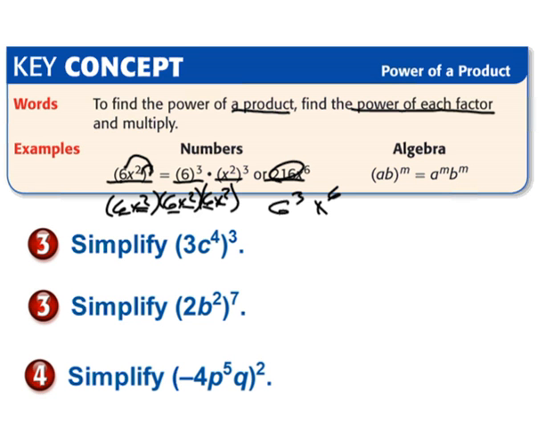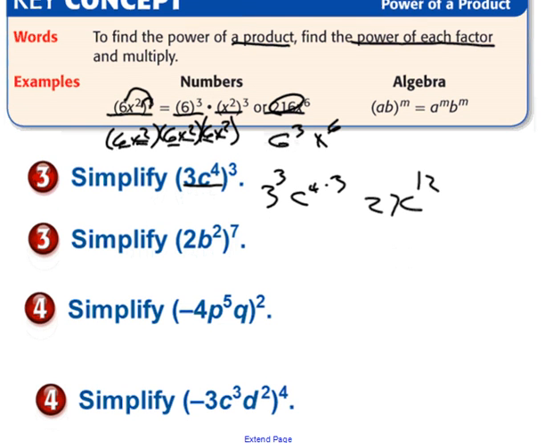All right, let's look at this here. I'm going to simplify 3c to the 4th, cubed. So that would be 3 cubed and c to the 4 times 3. Well, 3 cubed is 3 times 3 is 9, times 3 is 27. So it would be 27c to the 12th. The next one, 2 to the 7th power, times b to the 2 times 7, which would be 14.